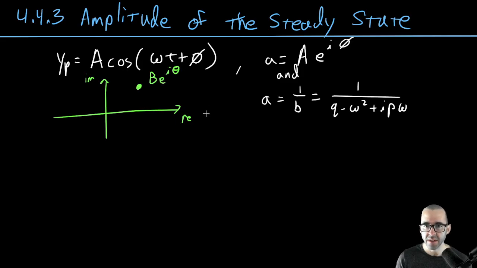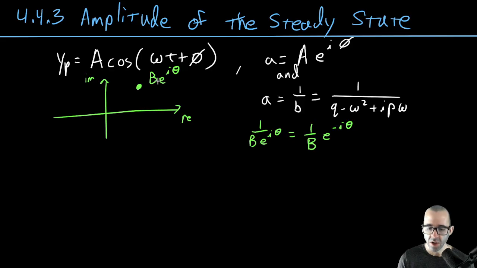Well, then the question is, what is the reciprocal of this number? Because that's what we're really curious about. We're looking at the reciprocal of a complex number. Well, the reciprocal of this complex number is going to be 1 over b, e to the i theta. And remember properties of exponents. That's just 1 over b, e to the negative i theta.